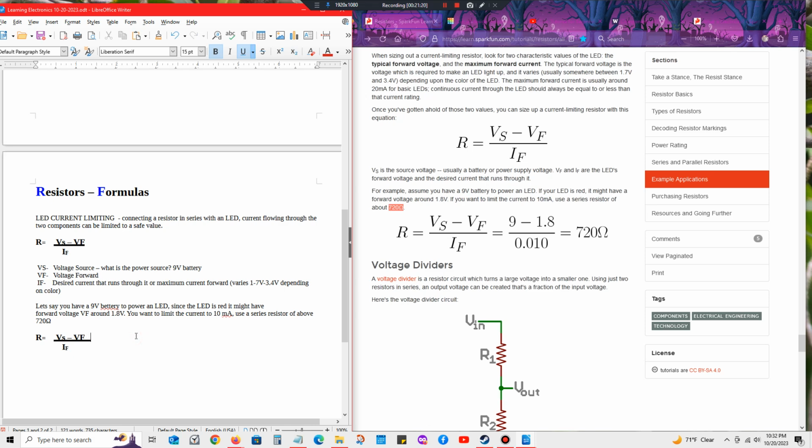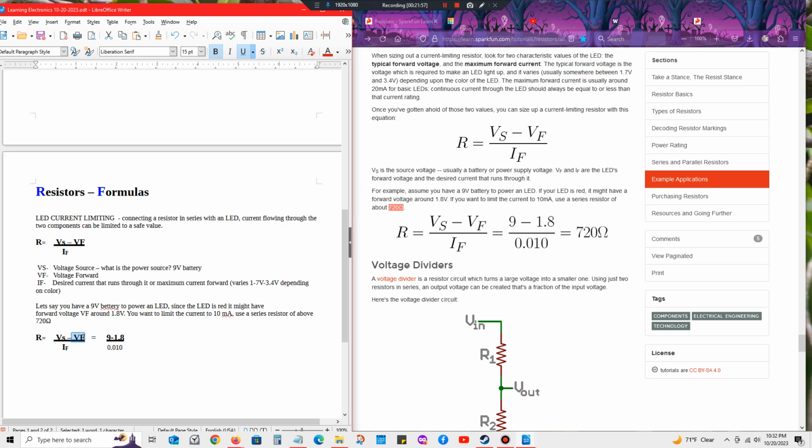And so this will equal 9 minus 1.8 over 0.010. So the VS is the voltage source, that's your battery, 9-volt battery.